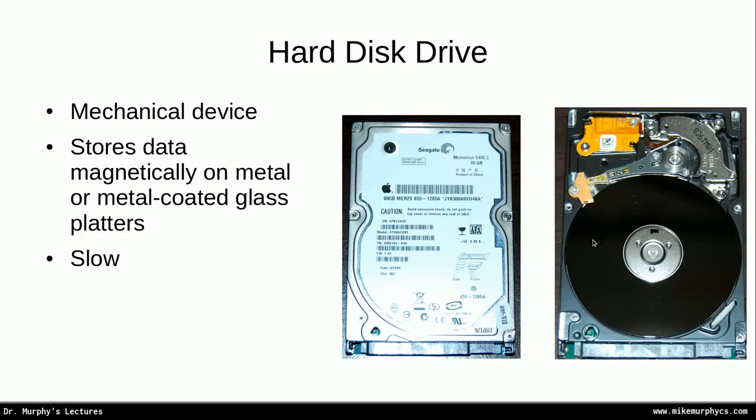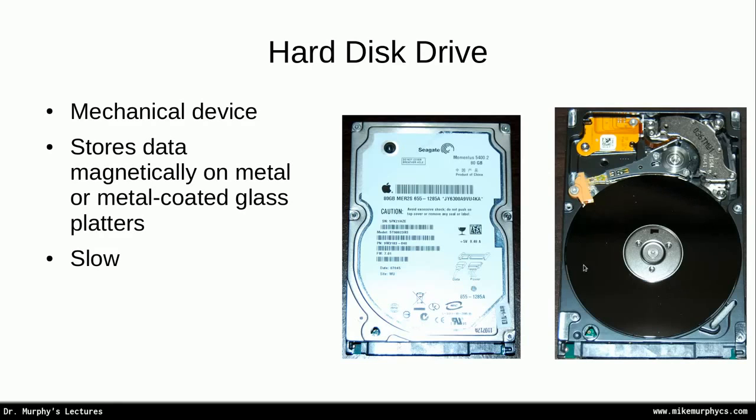This is a laptop drive, so these are actually going to be glass platters coated with a metallic substance. And these platters spin around at a really high rate of speed. And these things called drive heads actually move back and forth along the platter. And the drive heads magnetize or demagnetize very tiny spots on the platter, and that's actually how it stores data.